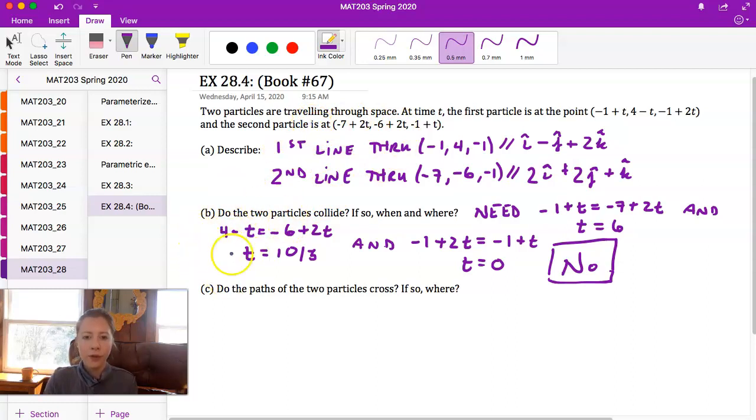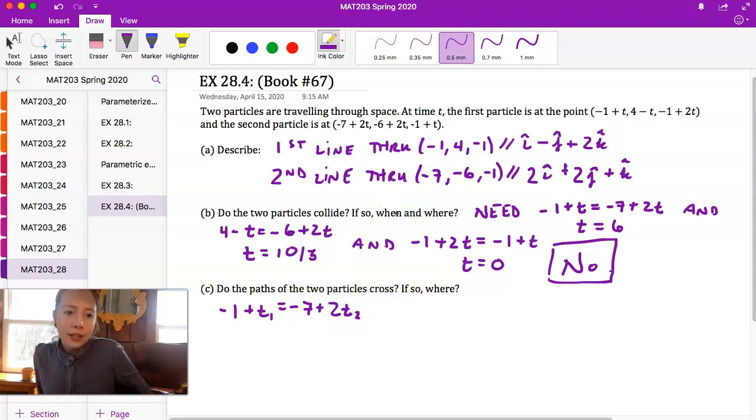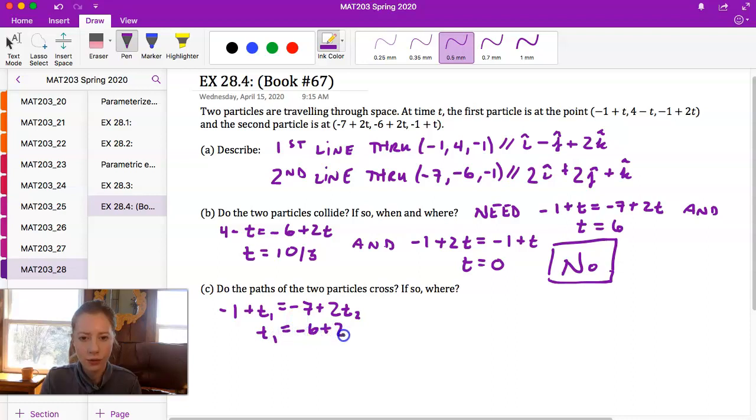For x, we have -1 plus some time t1 is equal to -7 plus some other time, because we're trying to figure out a place at which these particles cross, and we can figure out the place if we solve for time. So t1 is going to equal -6 plus 2t2.